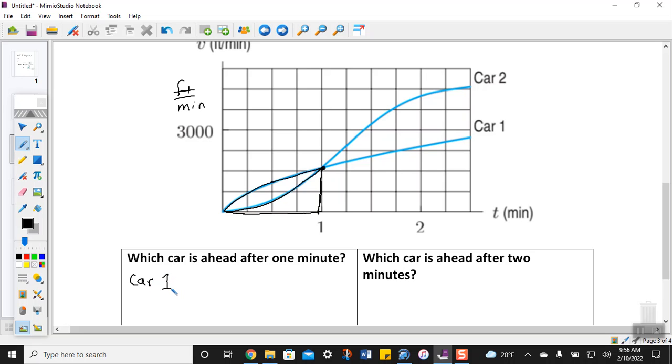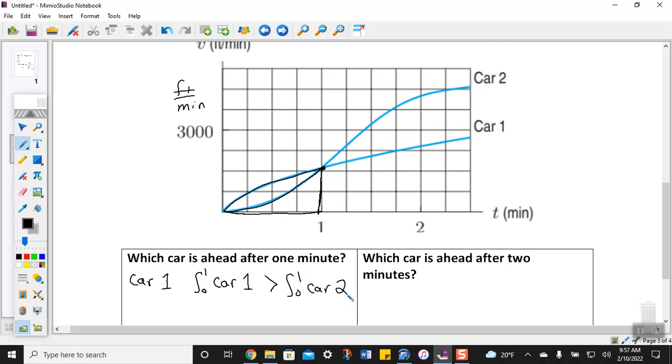Okay, and here's why: the integral for car 1 from 0 to 1 minute, that area for car 1, is greater than the integral from 0 to 1 for car 2, isn't it? Isn't that displacement area bigger for car 1 than it is for car 2? How would you figure out how much further ahead car 1 is compared to car 2?